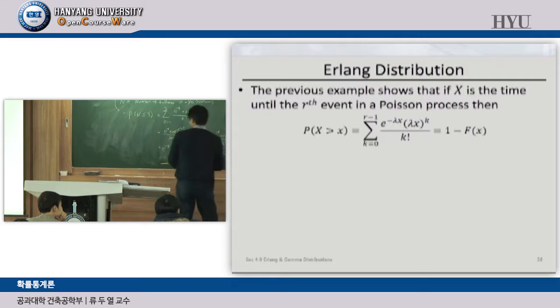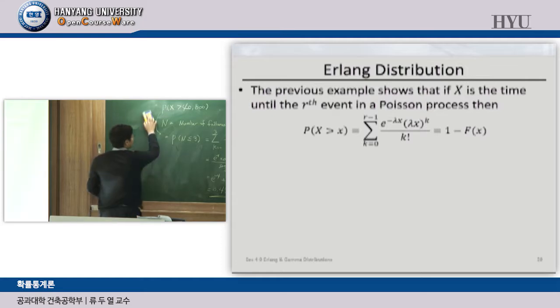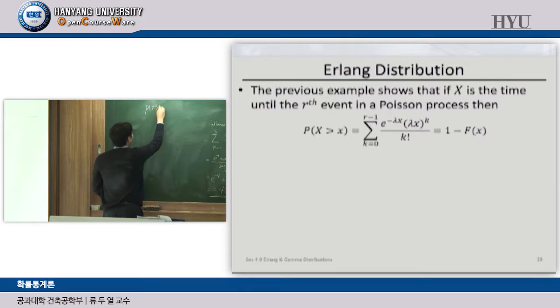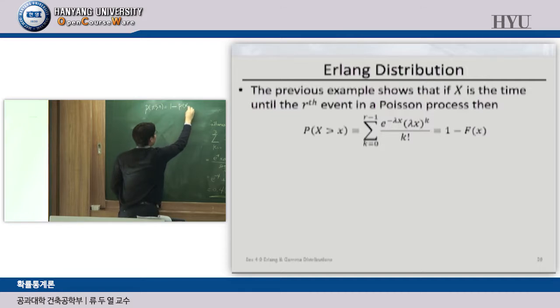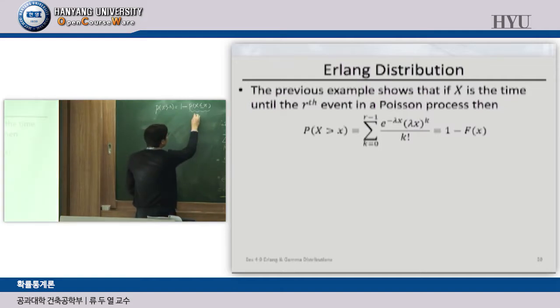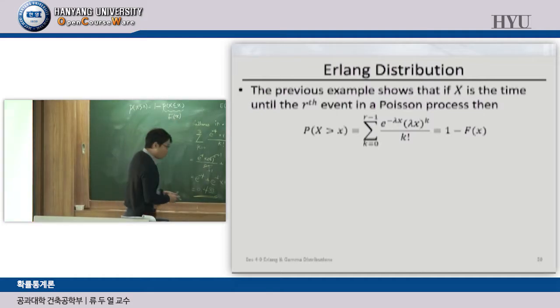And this can be re-expressed as 1 minus the probability of X when X is smaller than or equal to small x. That is the cumulative distribution function, large F of x. So we can have this relationship.